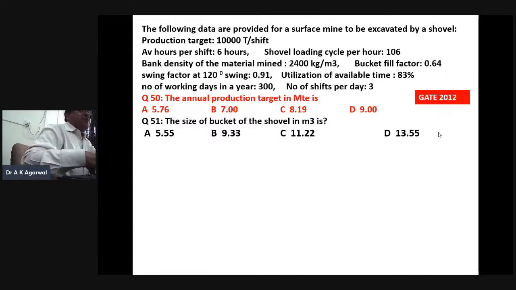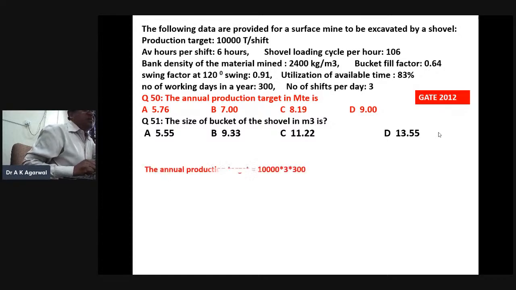Okay, let us take the first part. A very easy and straight question. The production is 10,000 ton per shift. In one day, three shifts are there, and there are 300 working days. So 10,000 into 3 shifts per day into 300 days in 1 year.